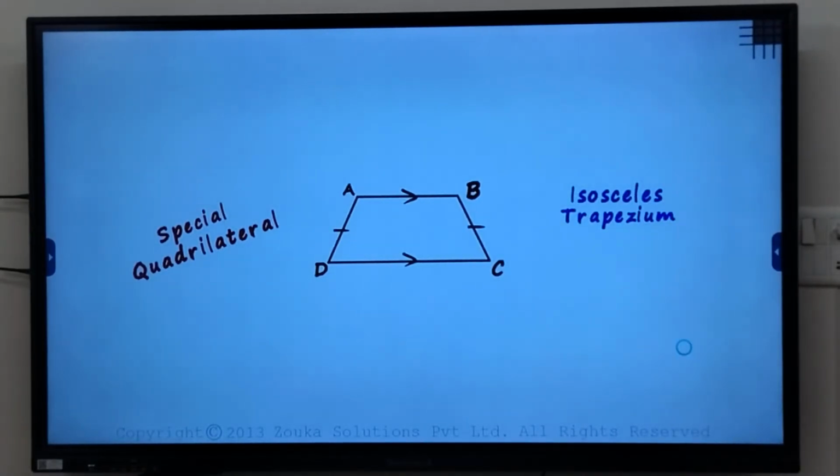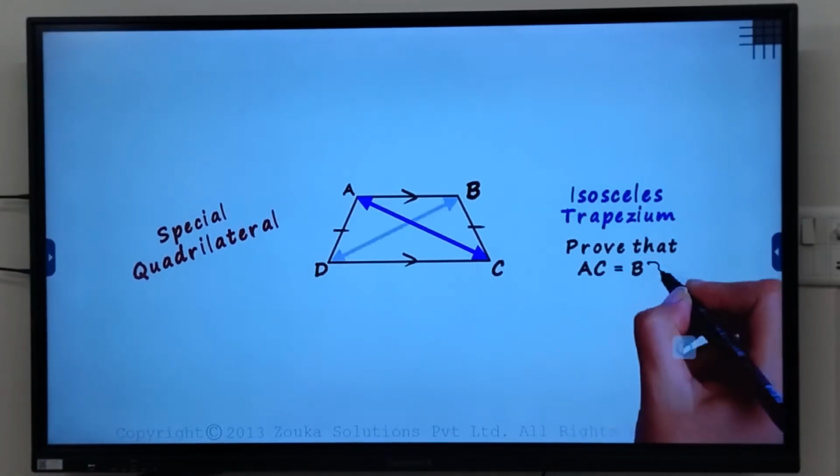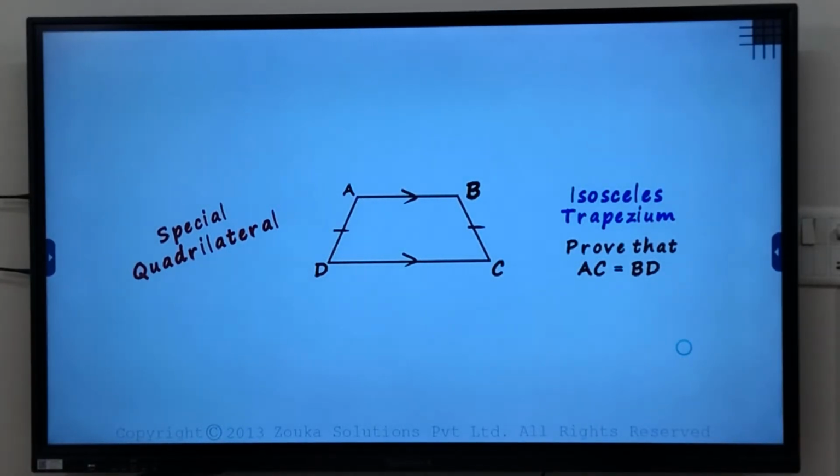But what do we have to prove here? We have to prove that AC is equal to BD, which means we have to prove that the diagonals are equal. How do we prove these two lengths equal?